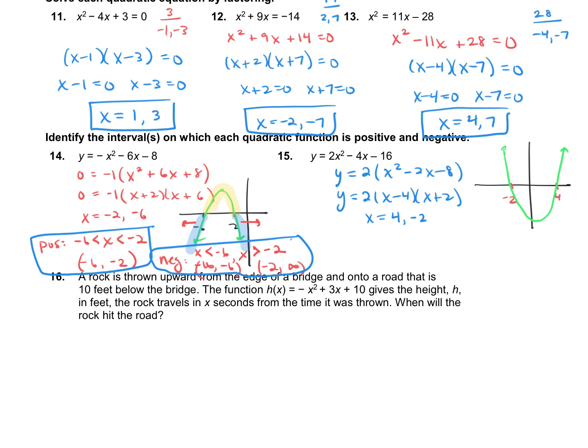And then let's figure out, where is our function positive, where is it negative? So positive is when we're above the x-axis. So we're above the x-axis here, and we're above the x-axis there. So it is going to be two different intervals or two different inequalities.